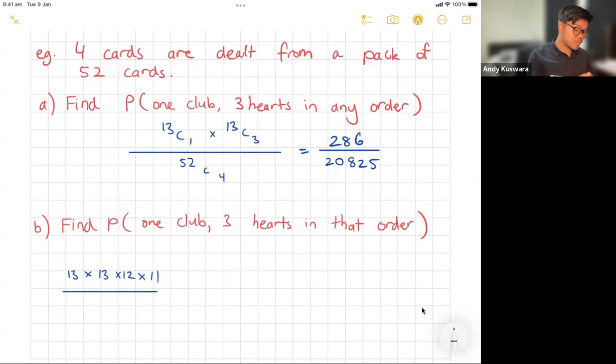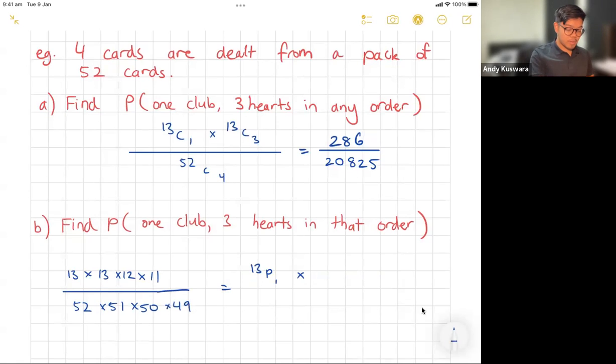But it has to be in a certain order. So in other words, I have 52 choices for the first, 51 choices for the next, 50 choices for the next one after that, and then 49 for the one after that. So it's kind of like 13P1, because it doesn't really matter if it's just P1.